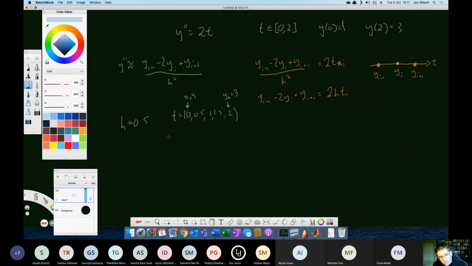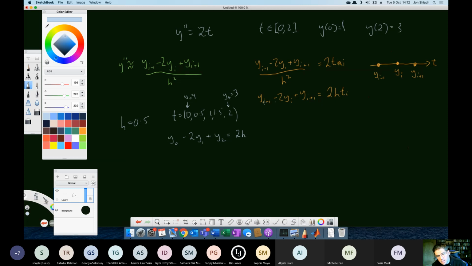Okay, so for y1, when i is equal to 1, I've got y0 minus 2y1 plus y2 is equal to 2h times t. I'll write it as 2h. At the moment, t would be 0.5.